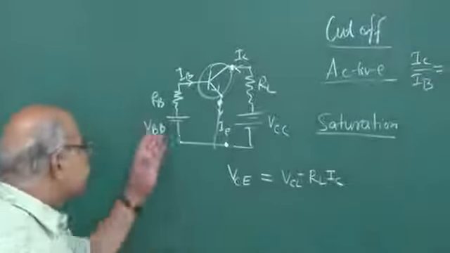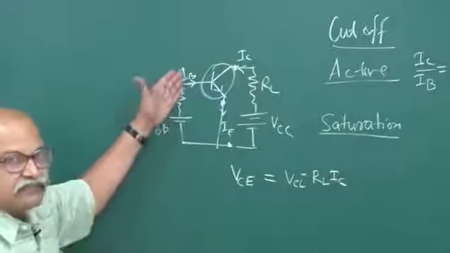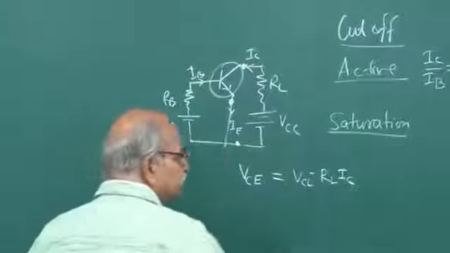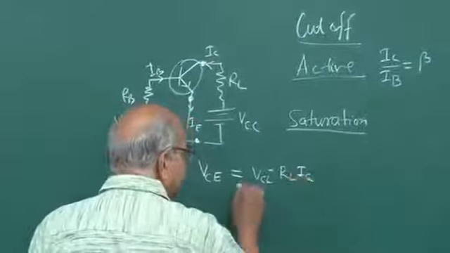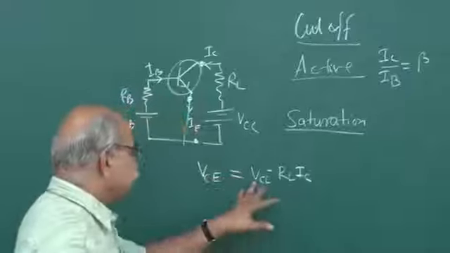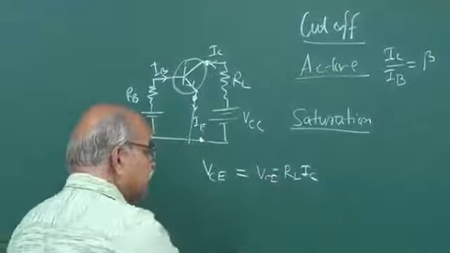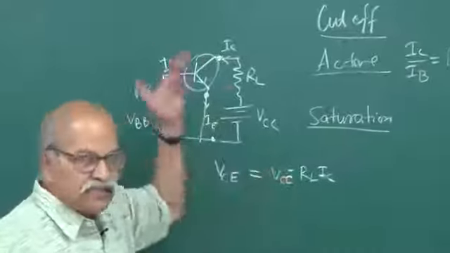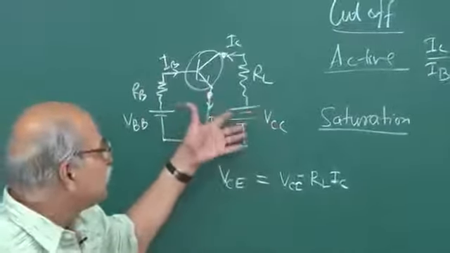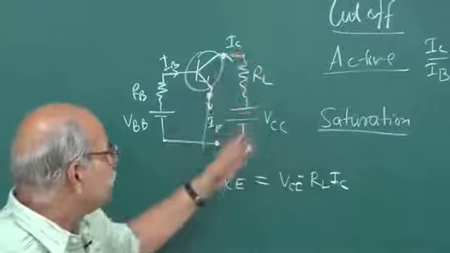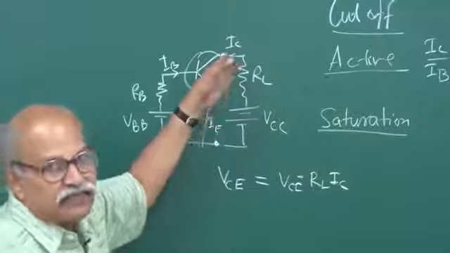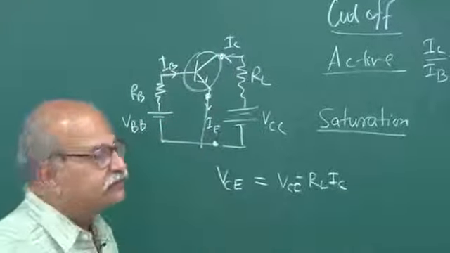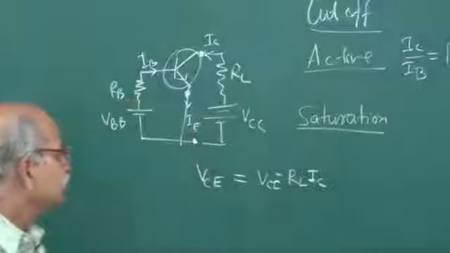Suppose we start with a small IB, a small biasing here, and then you have a small IC, and then VCE is large enough. This quantity is small, it's VCC, and VCC is good. Let us say 2 volts we have put, and if this IC is very small, this will still be reverse biased, and it will collect the electrons, and this condition will be satisfied.